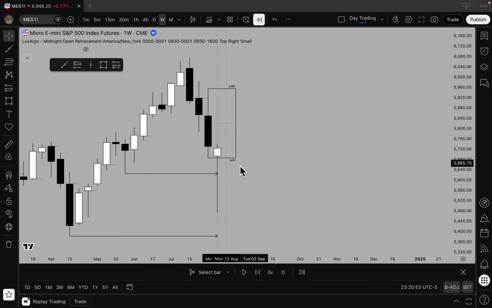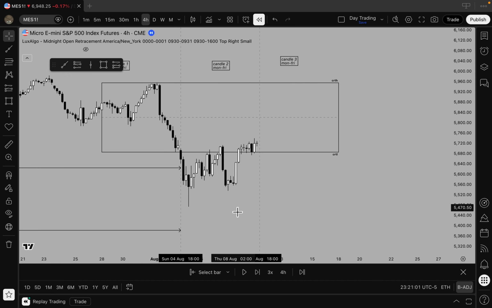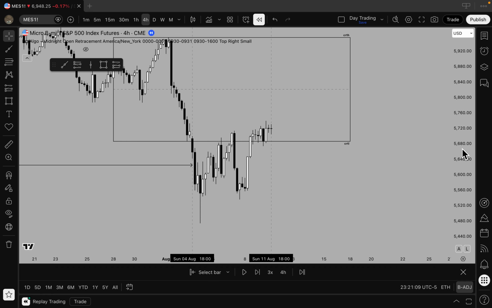You're just waiting. Price has now closed inside the range. So now this is when you go to your lower time frame. And you'll see the close. All right, so we're officially closed inside the range.